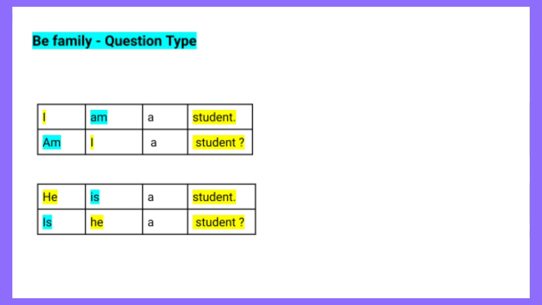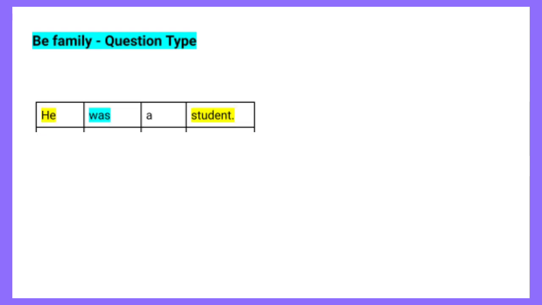Okay, then face the next question. He was a student. What is the sentence? Yes, was he? Right, he was, just change the position, was he? Was he a student? Very good. So, like that.